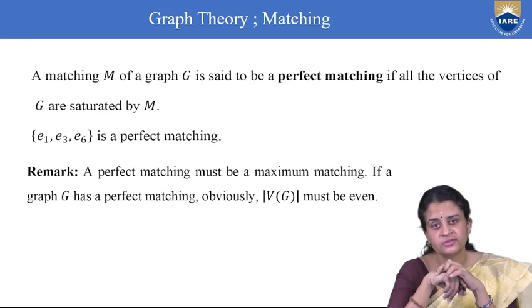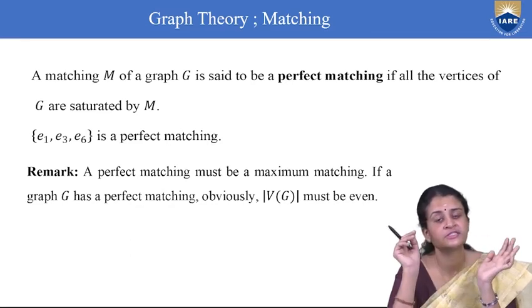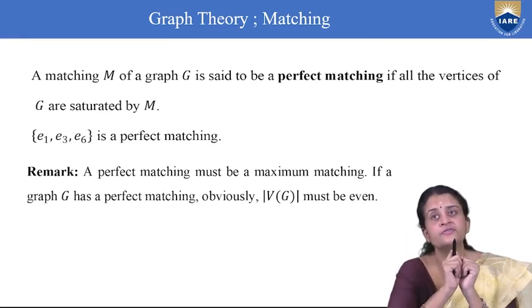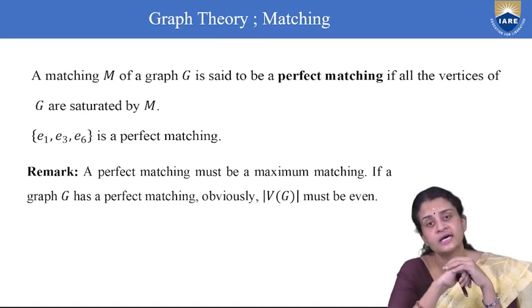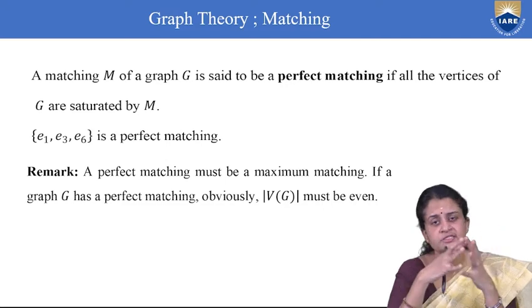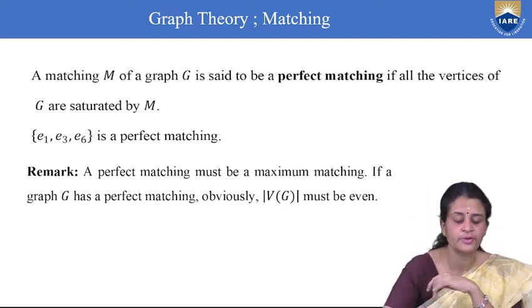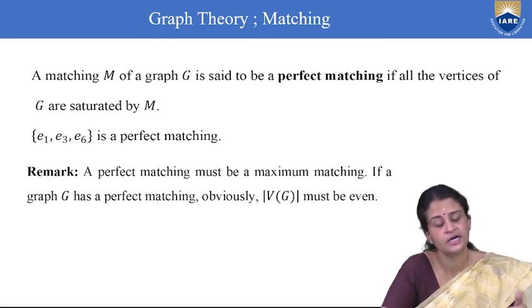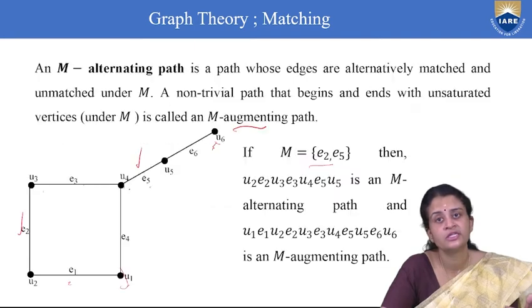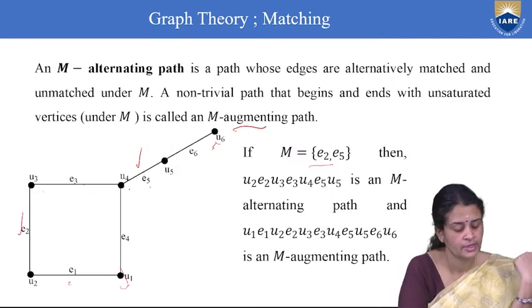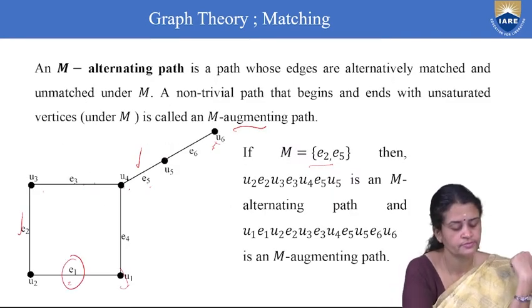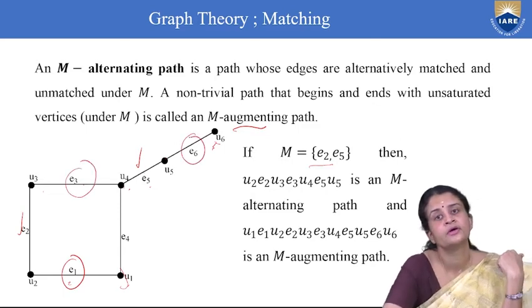What is a perfect matching? A matching M is said to be a perfect matching if all the vertices of G are saturated by M. Now we are considering this E1, E3, E6.